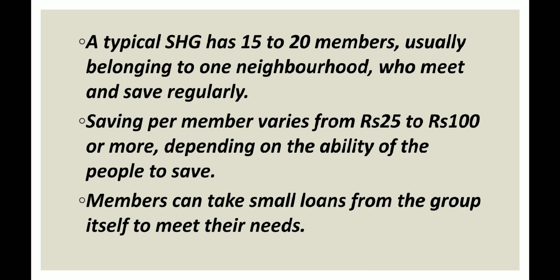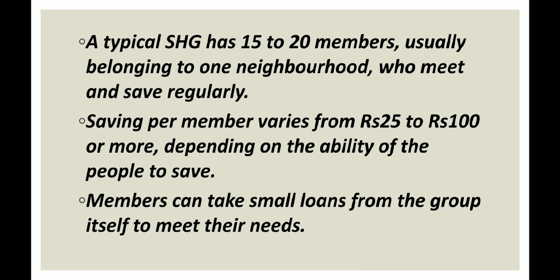In recent years, people have tried some newer ways of providing loans to the poor. The idea is to organize rural poor, in particular women, into small self-help groups and pool their savings. A typical self-help group has 15 to 20 members, usually belonging to one neighborhood, who meet and save regularly.